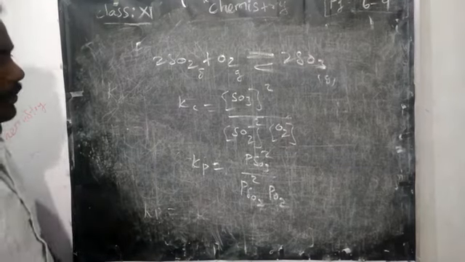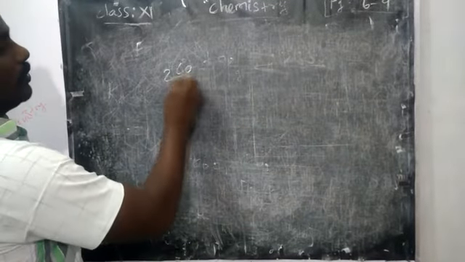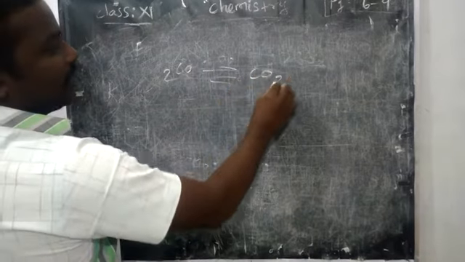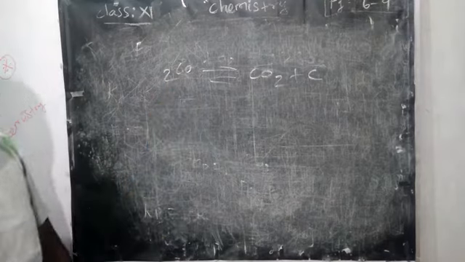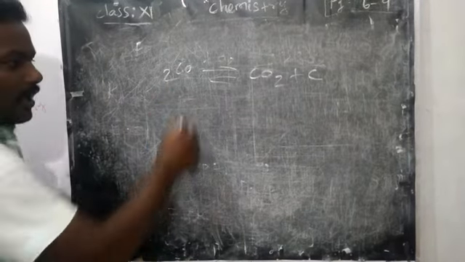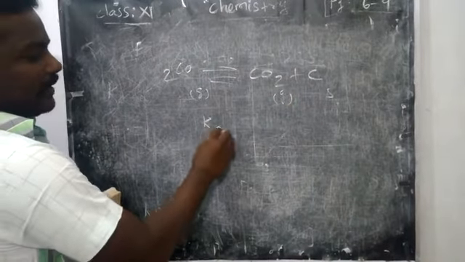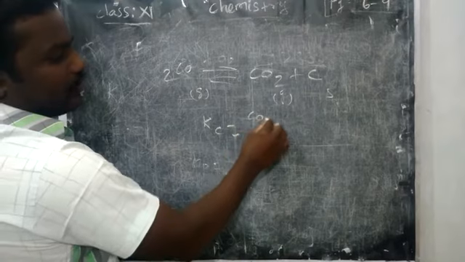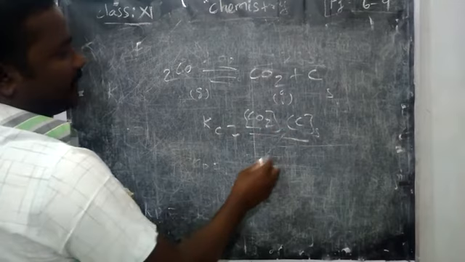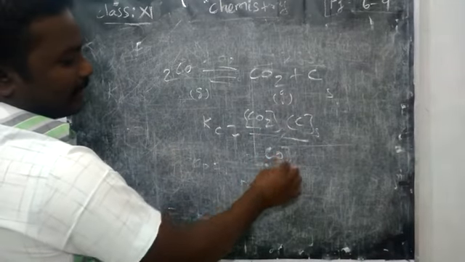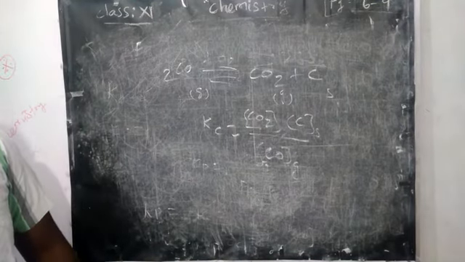Next, the carbon monoxide reaction. 2CO on dissociation gives CO2 and carbon. Here carbon monoxide is a gas as well as carbon dioxide, also a gas, but carbon is solid. For this, how do you write Kc? Product concentration CO2, gaseous, carbon, solid, divided by CO. This is a heterogeneous equation. So heterogeneous means what will you do?